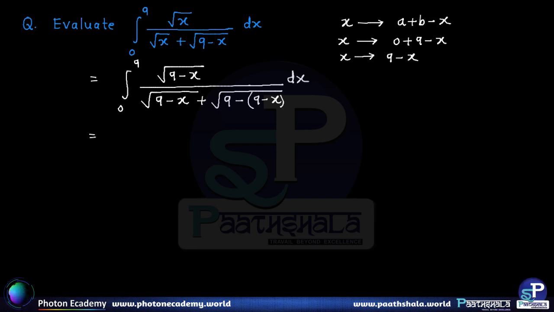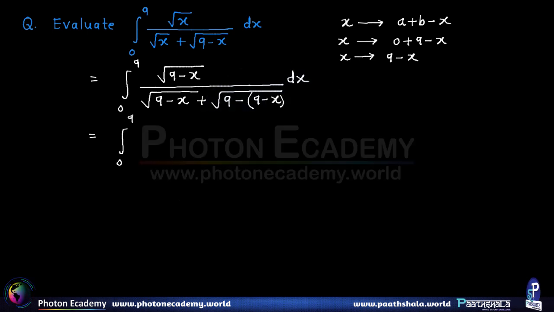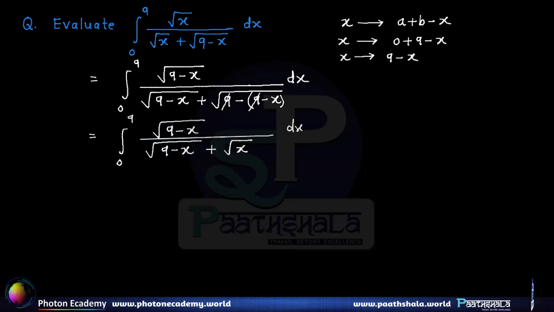So now if you see, this gives us 0 to 9 root of 9 minus x upon root of 9 minus x plus, in the second root we get simply x because 9 gets cancelled, dx.